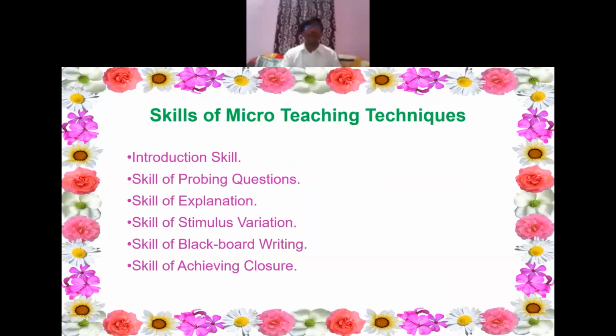See how to improve the micro teaching techniques: introduction skill, skill of probing questions, skill of explanation, skill of stimulus variation, skill of blackboard writing, skill of achieving closure. So these are the things. How can I make systematic writing?